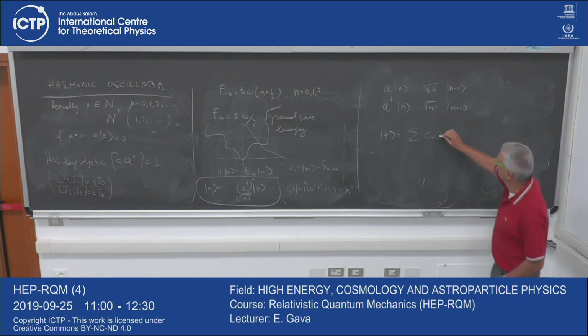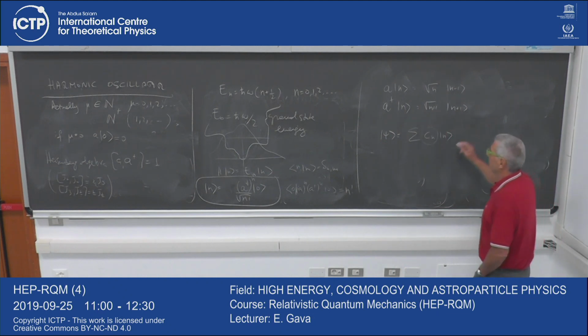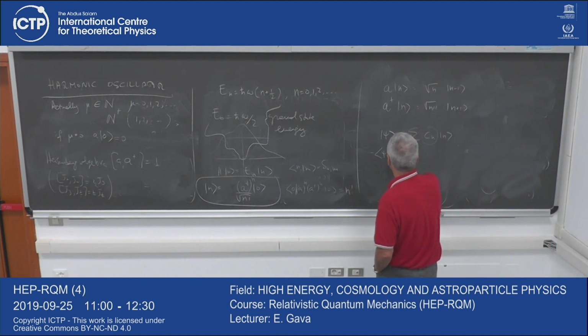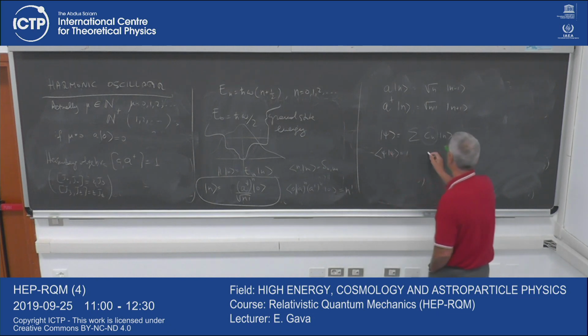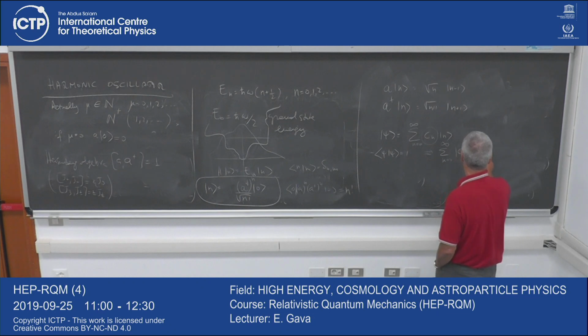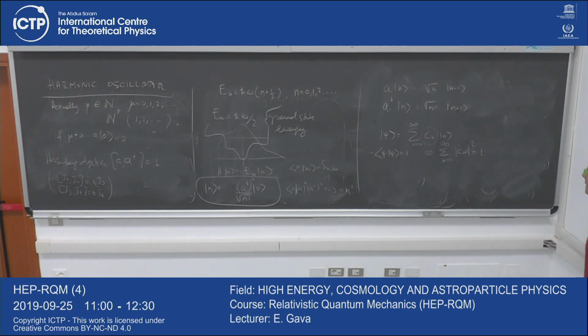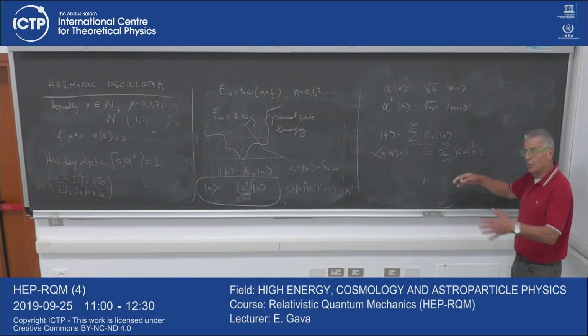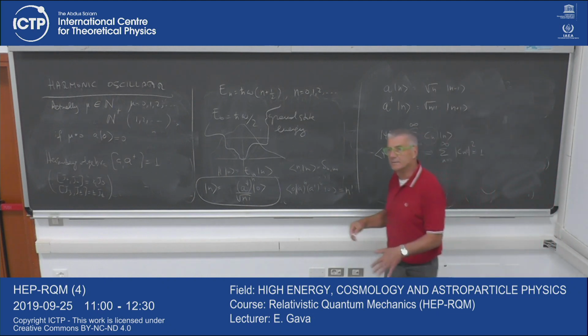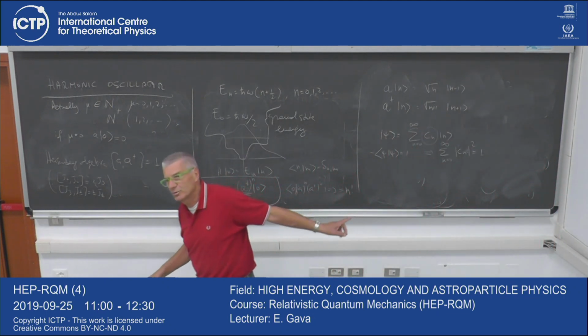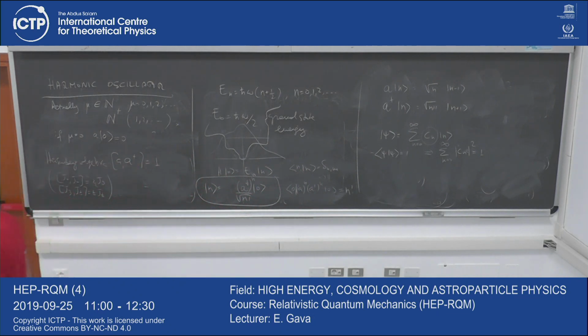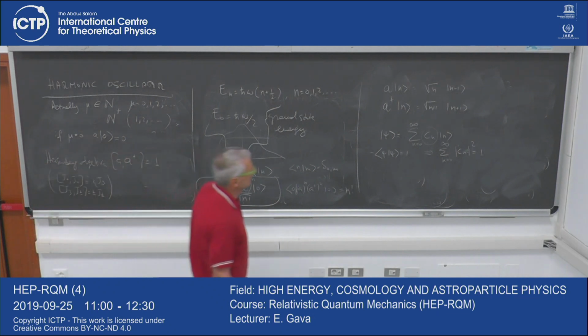But then for these c_n's, the fact that <psi|psi> must be equal to 1 says that the sum from 0 to infinity of |c_n|^2 is equal to 1, right? So this c_n has to decrease with n rapidly enough to make sure that this gives a finite sum, a convergence, of course.